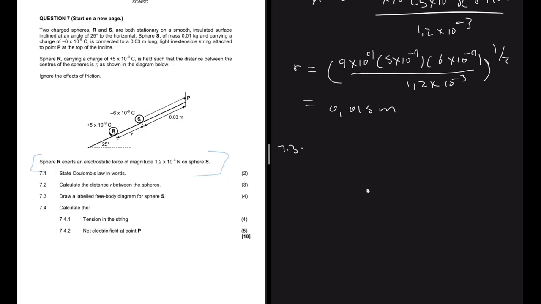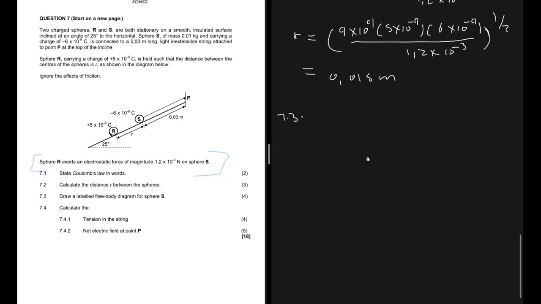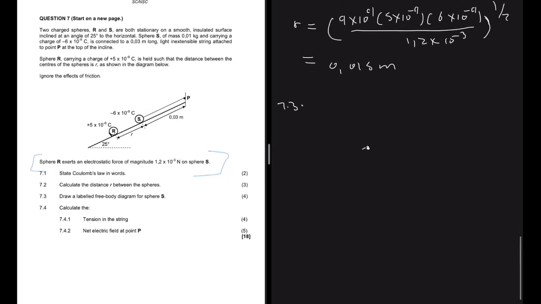So on sphere S, there is a pulling force from sphere R, right? So it's being pulled by sphere R because R is of an opposite charge to sphere S, so it's going to pull it, and then it's connected to point P by a string.